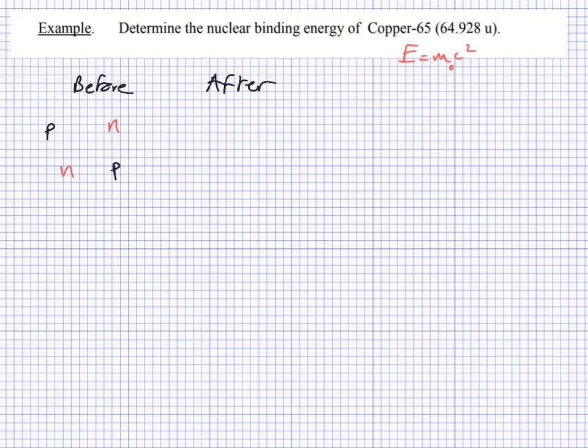In fact, let's put a little block around them. Totally separate. They're not connected in any way. There's no strong force interacting here. In other words, they're further than a femtometer apart, and so they're not interacting. Okay, so what we would do is then calculate the total mass of those things, separate.